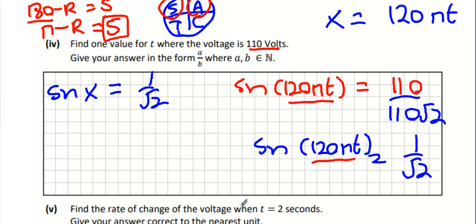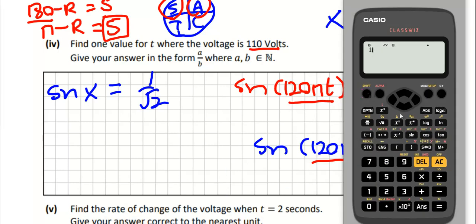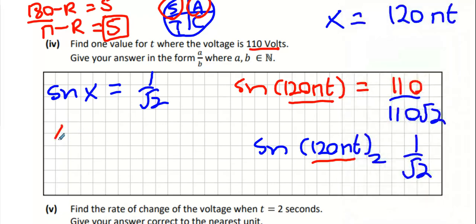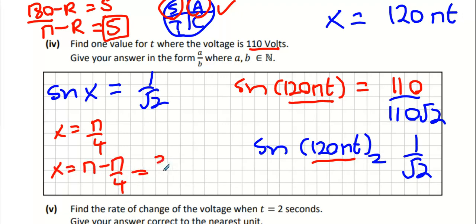Now we're going to do shift sine inverse 1 over root 2. We get this angle, pi over 4. So x equals pi over 4. That's for the first quadrant. For the second quadrant, x is pi minus pi over 4, which is 3 pi over 4. I'm running out of space here, so I'm just going to rub out what we did.